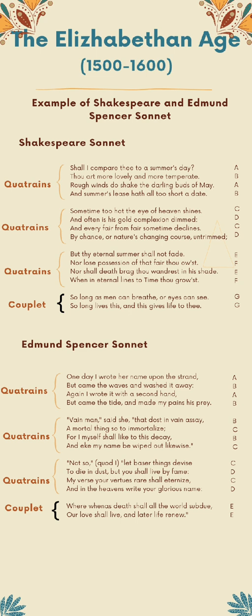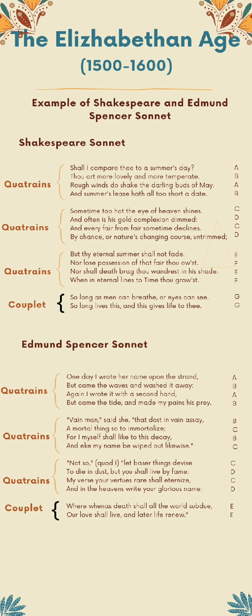We move to the Edmund Spenser sonnet. It's the same as the Shakespeare sonnet, containing 3 quatrains and then 1 couplet in the ending. Take a look at the first quatrain. Strain, away, hand, pray. So the rhyme scheme is A B A B. And in the second quatrain, essay, immortalized, say, likewise.